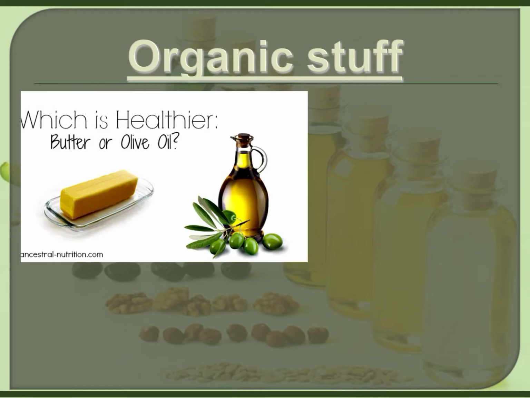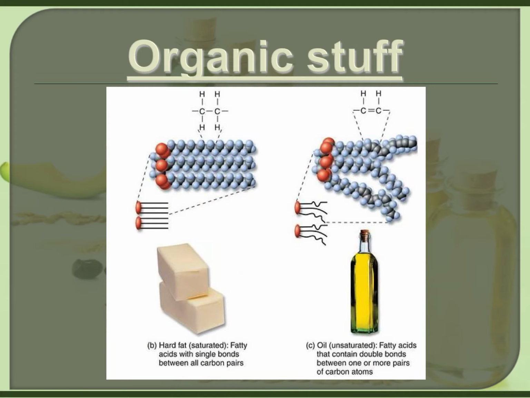So, which is healthier, butter or olive oil? Well, again, it depends upon whether it's coming from a plant source or an animal source. Butter tends to be from animal fats, so that's more difficult to break down because they are saturated fats, whereas olive oil has a combination of saturated and unsaturated fats.